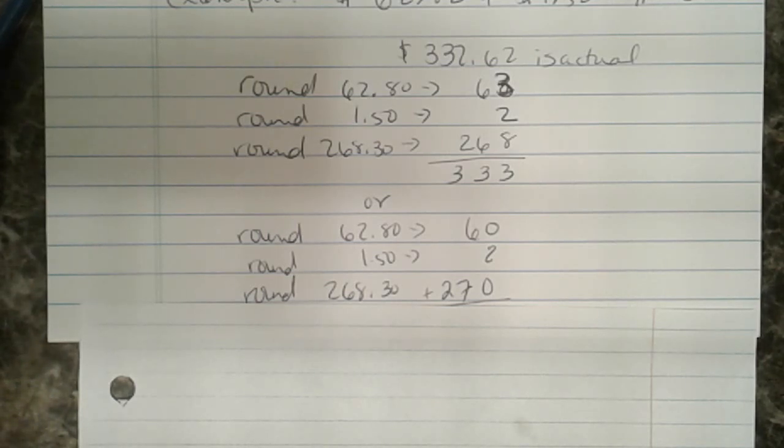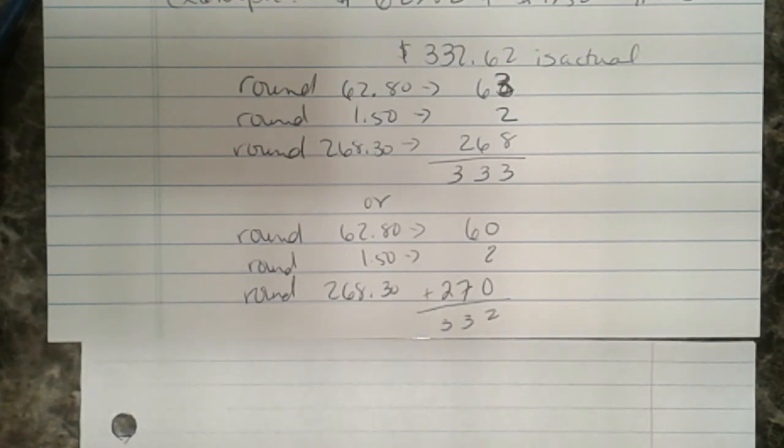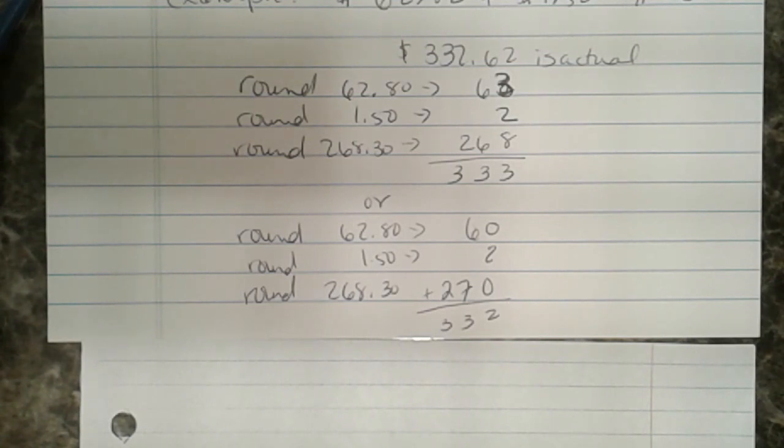Actually I did round it to the tens place, so I guess really not different from the top one. So if I were to add those up together, I would get $332. And that one was a little bit easier to add up in my head because really all I had to do was add 6 and 7 together, get 13, and carry that 1, and that gives me 3. So $332. And that is also a pretty good estimation of what the actual cost was, right?